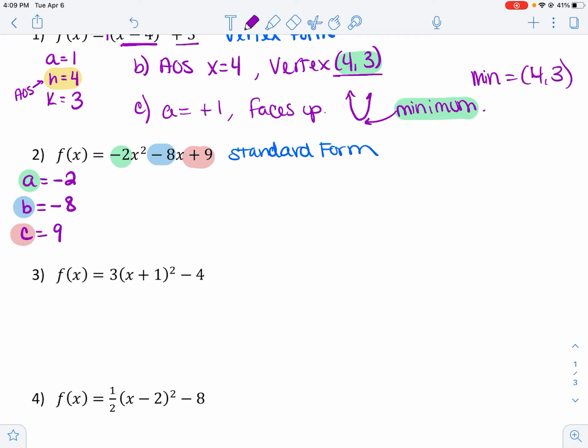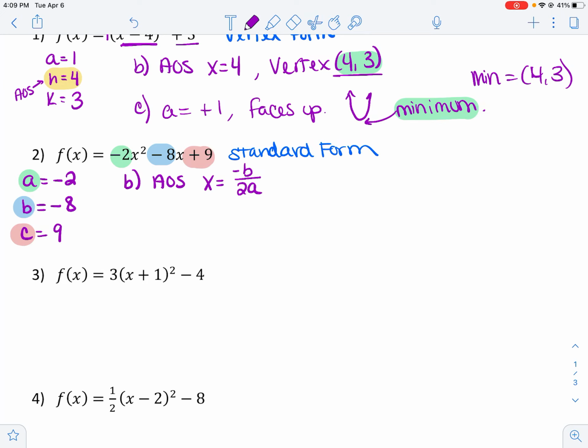So to find the axis of symmetry here, we actually have to do a little bit more work when it's in standard form because it's not set up to show us the horizontal shift. We can't see the horizontal shift yet. So for the axis of symmetry, I need this little formula: x is equal to negative b divided by 2a. That's what I have to use every time we have a standard form equation.